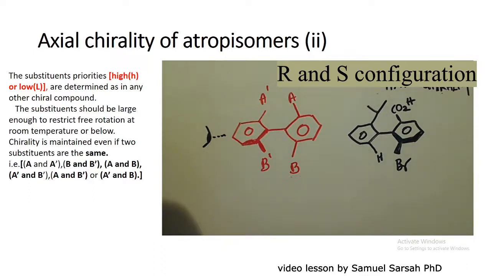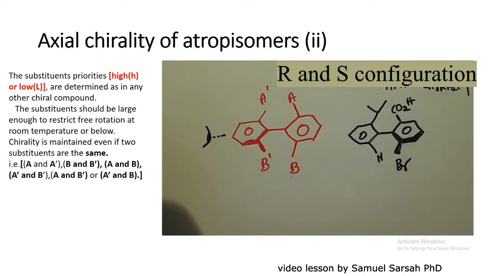Okay, this is a propyl group. Now I have this biphenyl which is locked up by these ortho groups so that there is no free rotation along this axis.